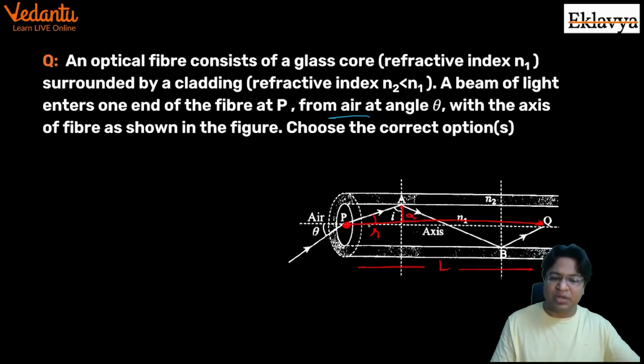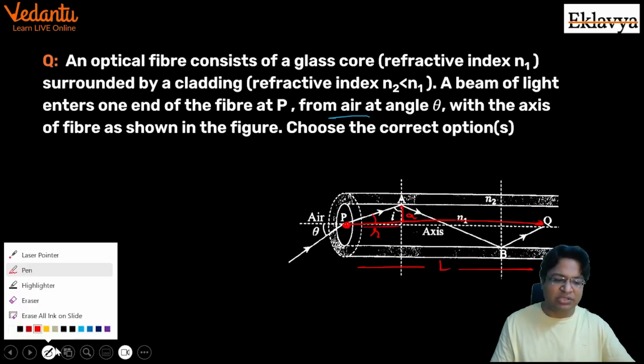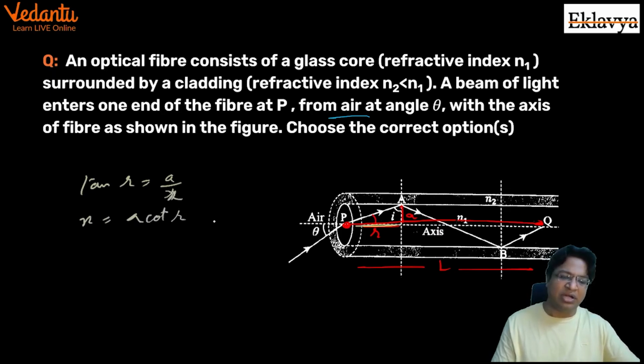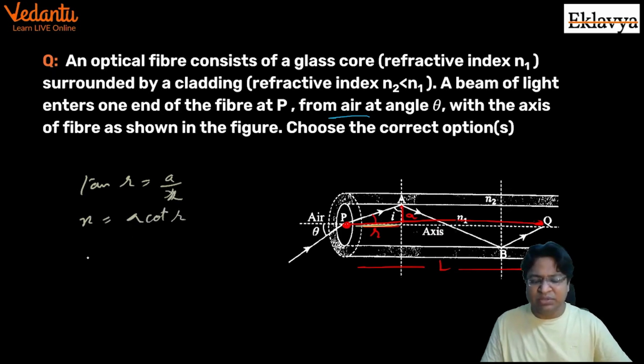So this horizontal distance, how much would it be? So I will write tan r equals a by that distance. That distance, let it be x. So x is a cot r. Or rather, let's use this angle.